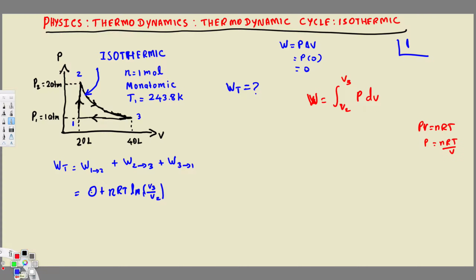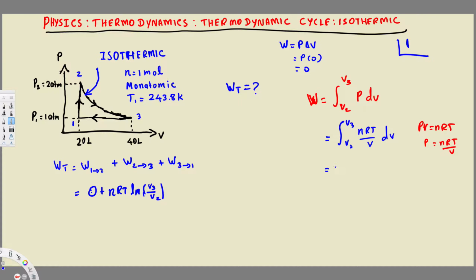So here what we get is the integral from V2 to V3. Instead of P, I plug in this value, that's going to be nRT over V dV. Since we have dV right here, everything except V is going to be constant, so I can move everything except V to the front.